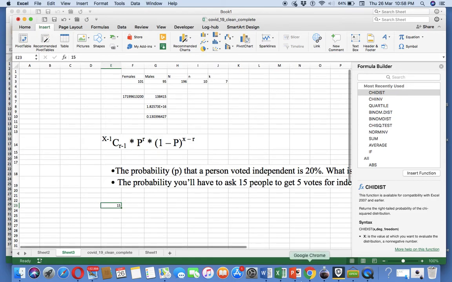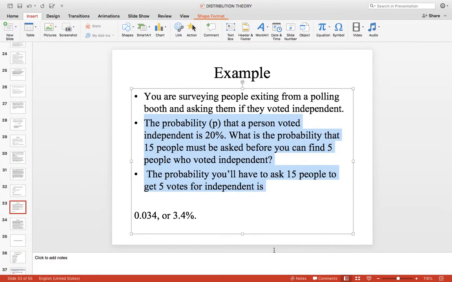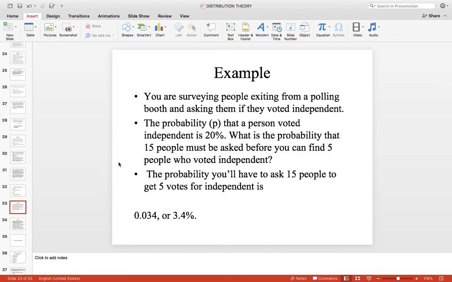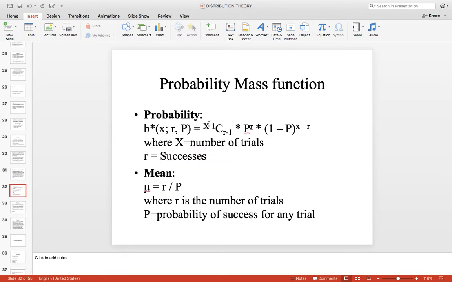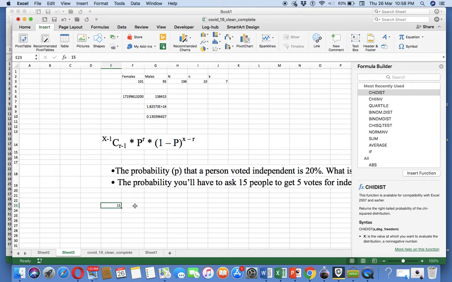We'll just go back to recollect. x is the number of trials, so 15 people, and the number of successes r is 5. So x is equal to 15, r is 5, and the probability is 0.2.